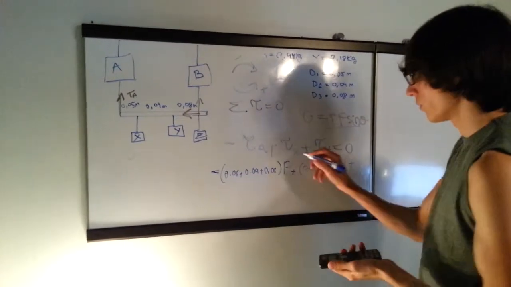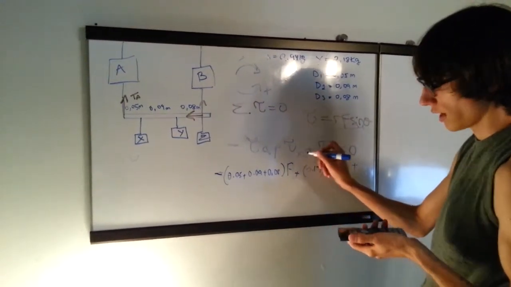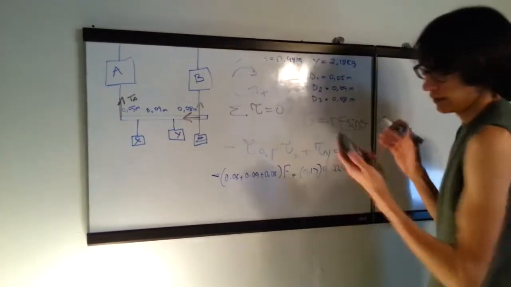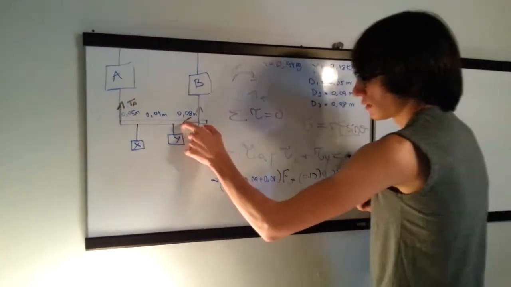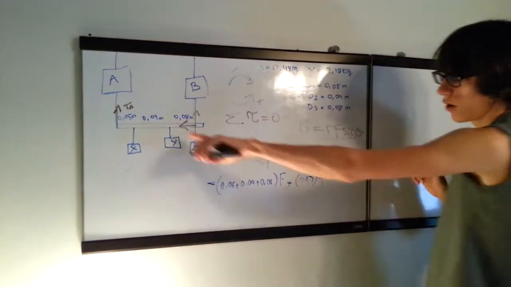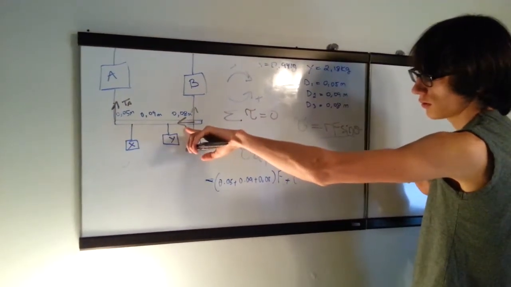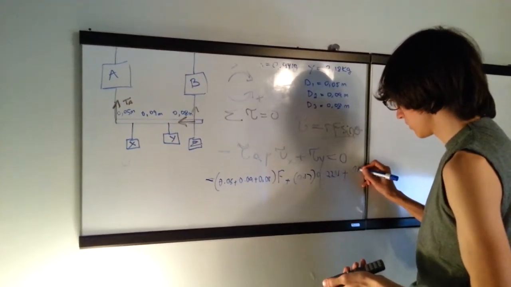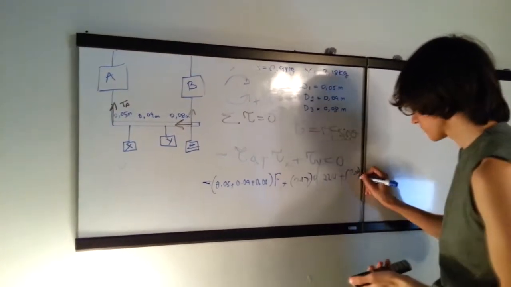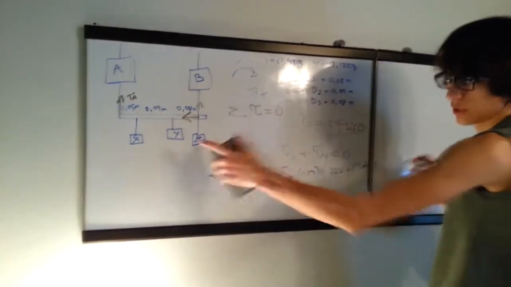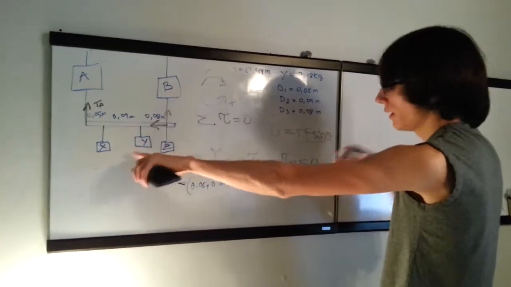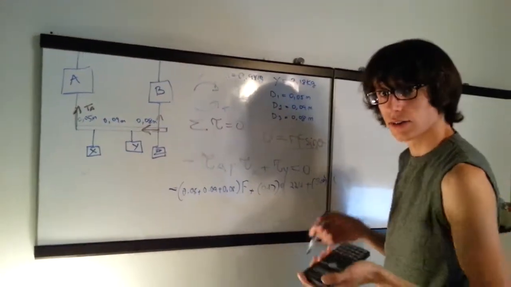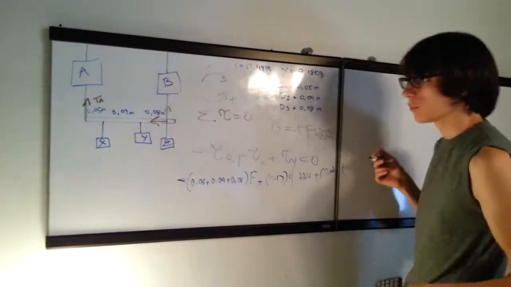So now that we've dealt with the torque of our X block, we can also find the torque of our Y block. Same idea. We are given the distance, so as our radius, from the pivot point, it's 0.08. So it's just going to be 0.08 meters multiplied by the force, which is once again the weight of Y, and then multiplied by the angle, which is 90 degrees once again, so multiplied by 1.